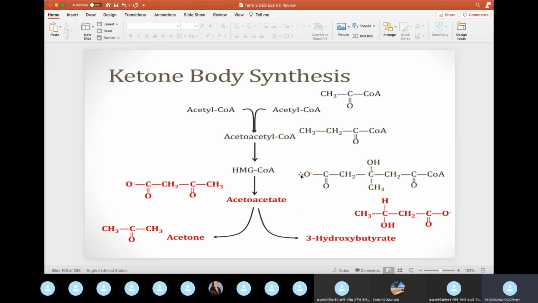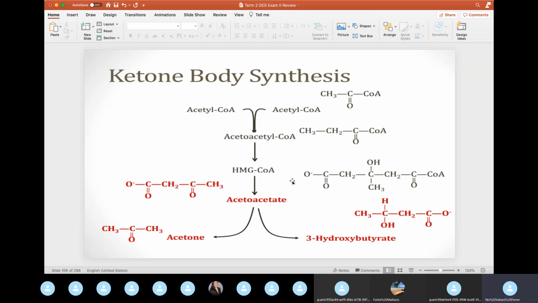Do I need to memorize everything? No. The most important thing is this. The end product is acetone and 3-hydroxybutyrate. So the beginning point is acetyl-CoA and then HMG-CoA. There's an enzyme here, HMG-CoA reductase, which is important in controlling cholesterol. So if you're prescribed statin drugs, atorvastatin, anything that ends in statin, it inhibits HMG-CoA reductase.